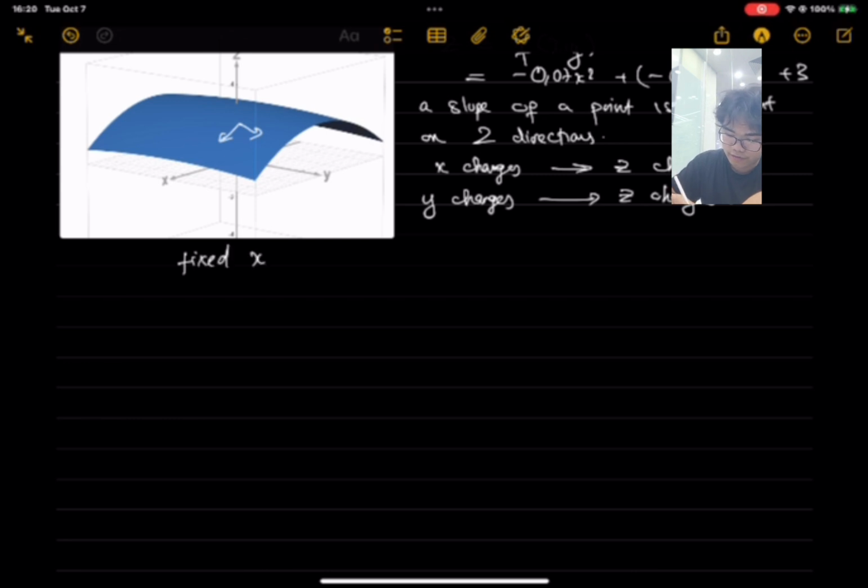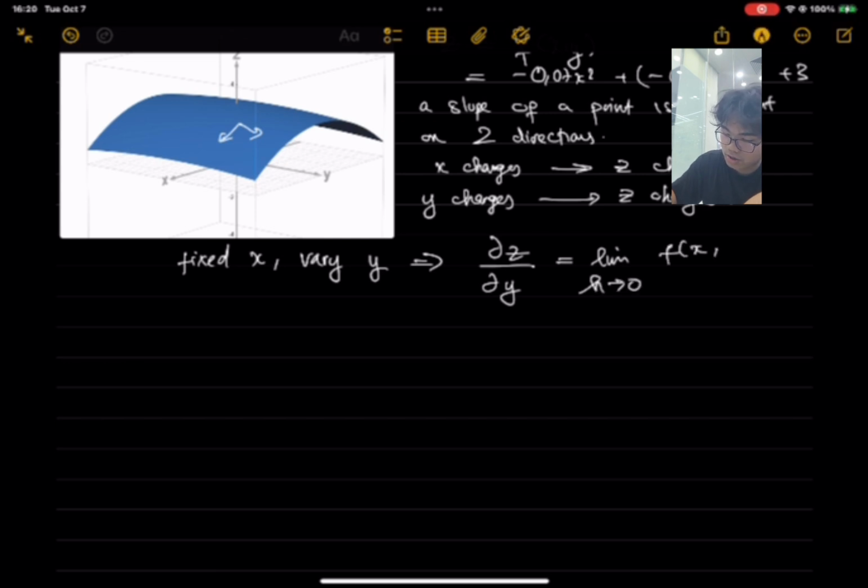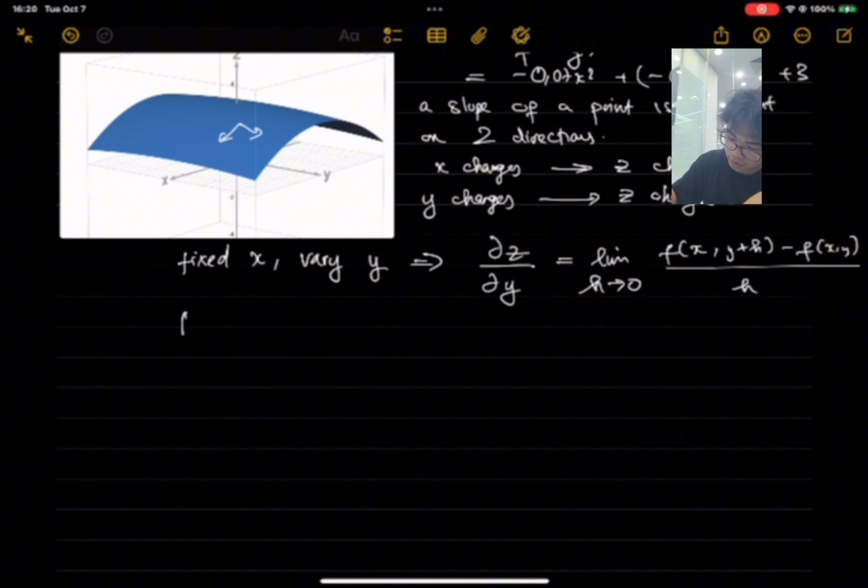So when we fix x and then vary the variable y, we have the partial derivative of z over y, which is practically the limit of h to 0 of f of, we keep x constant but change y, over h.